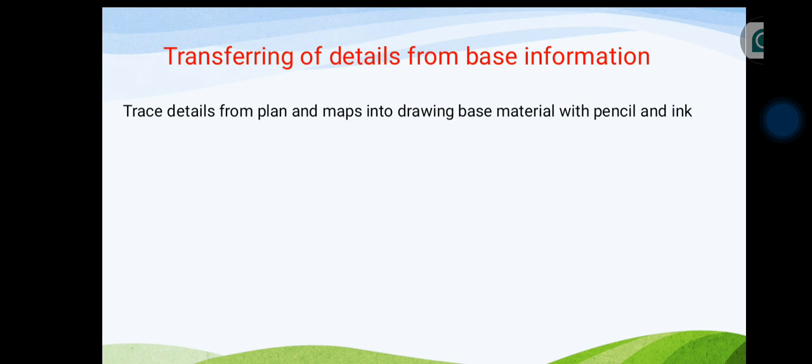You get a tracing paper or polyester. You place it on that base map. You staple it down on your drawing board, and with your pen and ink, your drawing pen, which we call rotary pen, you start tracing out the features that you need on your new map.